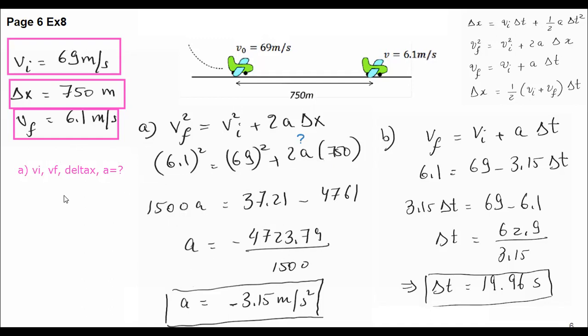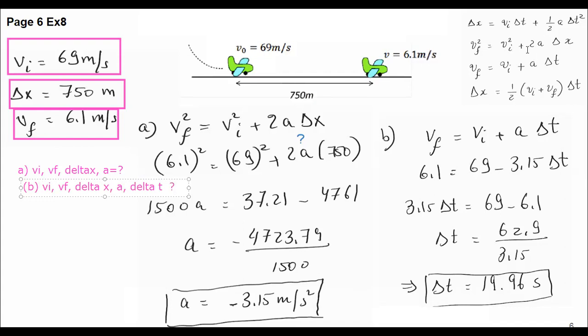Okay. Part B, what is given in part B? What do I want to do? So text again, part B. Part B, find the time taken. So we want to calculate the time. So again, I have VI, I have VF, I have delta X. Now I have A even, and I want to calculate delta T. So how to calculate it?